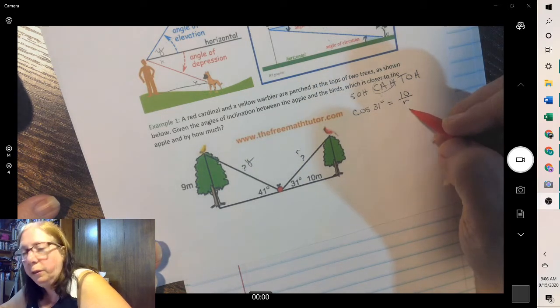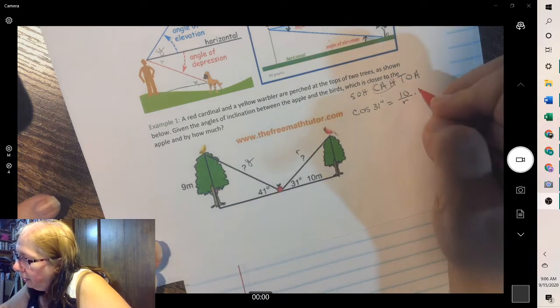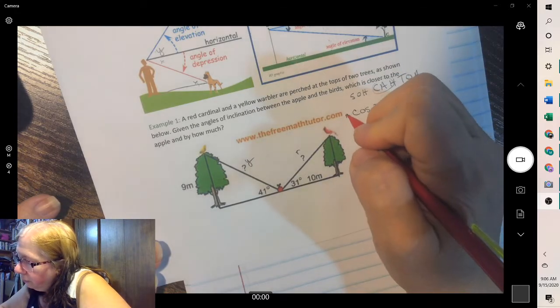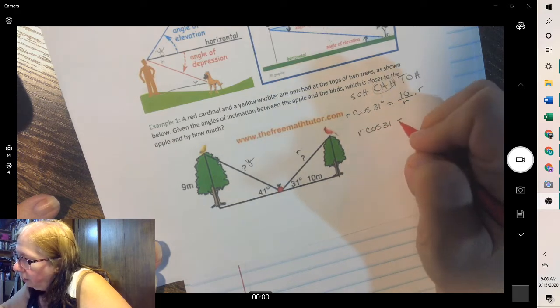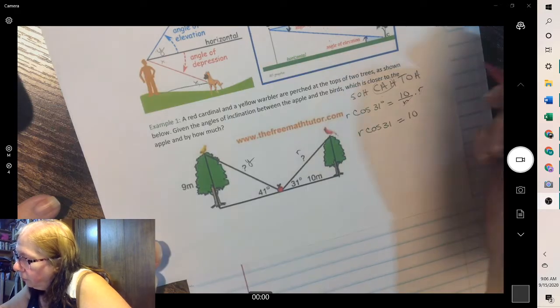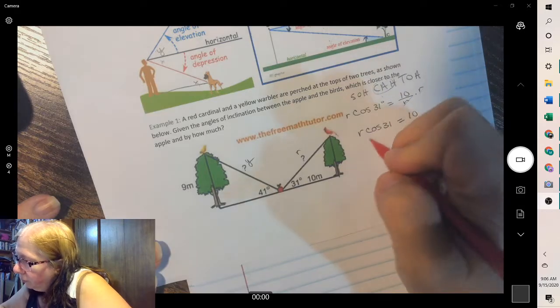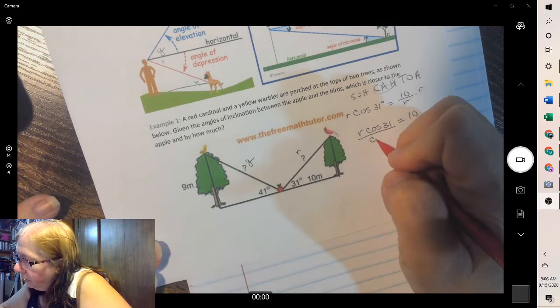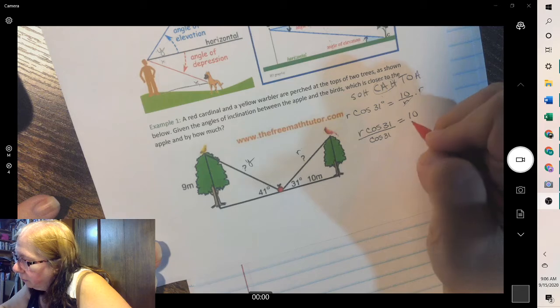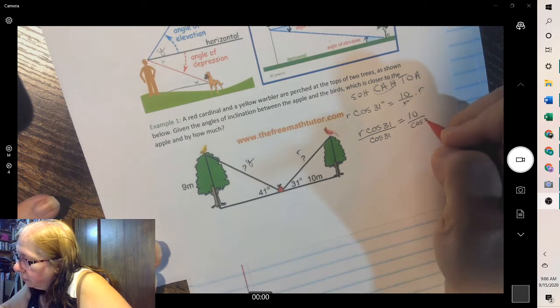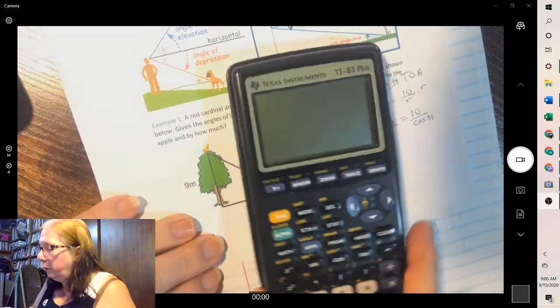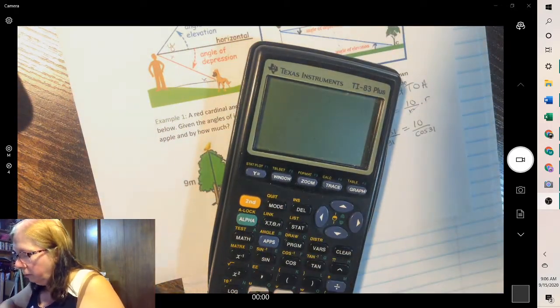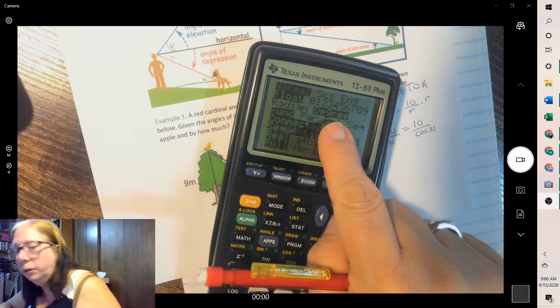Now to solve it, you can multiply the r to the other side to get rid of the fraction. So we have r cosine 31 equals 10, because the r's will cancel. And then we're still trying to get r by itself. We'll divide by the cosine of 31. This is degrees, so make sure your calculator's in degrees. Mine's in degrees.